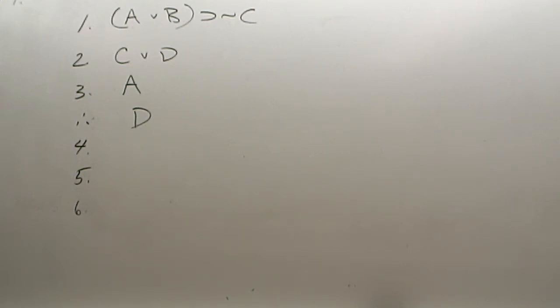It needs a helper, curl C. Curl C's trapped in the horseshoe. We must free it by modus ponens. Again, we need help. We need A wedge B. Not coming out of line 1. Gonna have to create it.